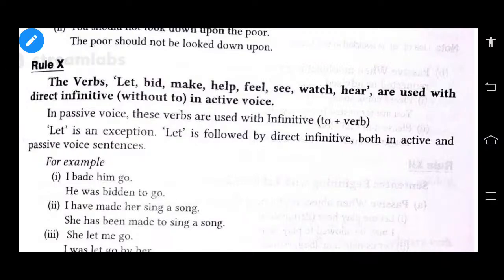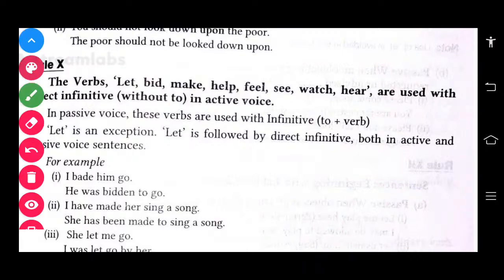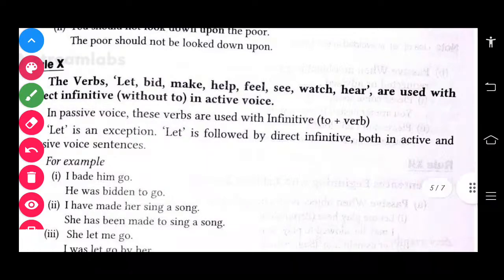Try to pay attention over here, rule number 10. In rule number 10, these are the verbs we have to remember. What are the verbs that we have been discussing here? Let, bid, make, help, feel, see, watch, hear are used with direct infinitives.